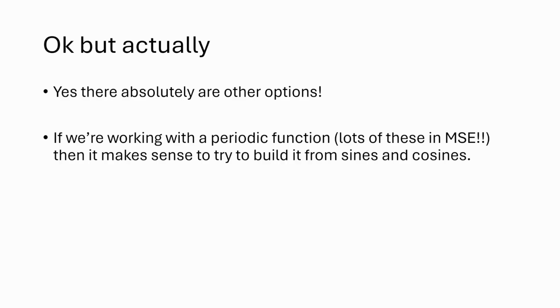Anyway, there are many options for how to do expansions of a function in terms of other functions. And what we'll be exploring in this unit is working with periodic functions. So this is a very natural material science topic.